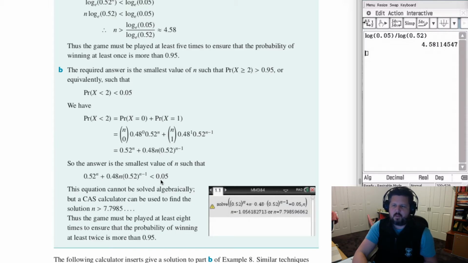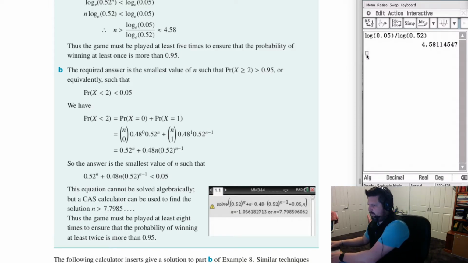Now again, we can use our calculator to do this. It's a matter of making sure that we type it into the calculator correctly. So on the Classpad, we would use the solve function.